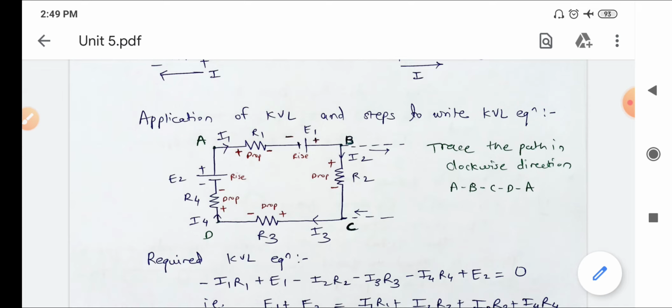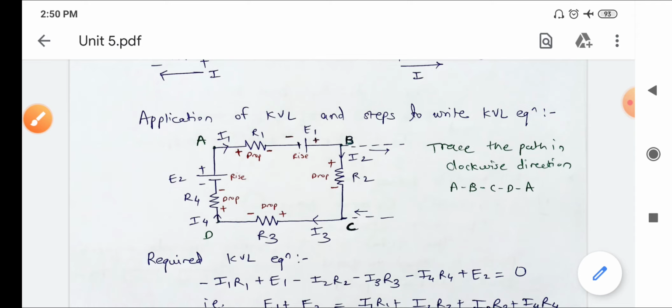For E1, when tracing the path in the clockwise direction, the negative terminal is encountered first, and hence it indicates a rise in potential. So E1 is a rise in potential. Likewise, E2 is a potential rise, because for E2 also the negative sign is encountered first.